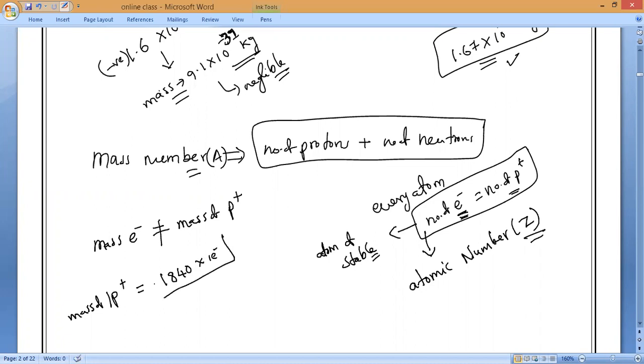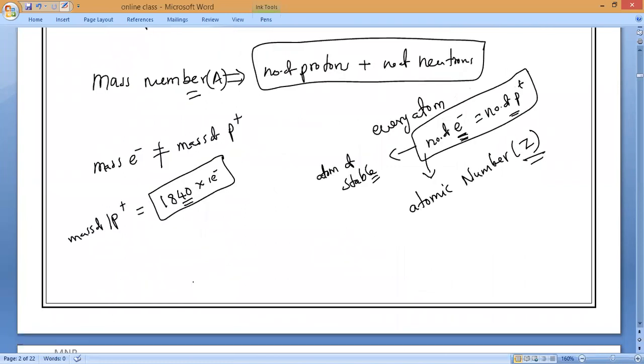Meaning how many electrons do we have to add to equal 1 proton? 1840 electrons equal the mass of 1 proton. That is why we say the mass of an electron is 1 by 1840 times the mass of a proton.